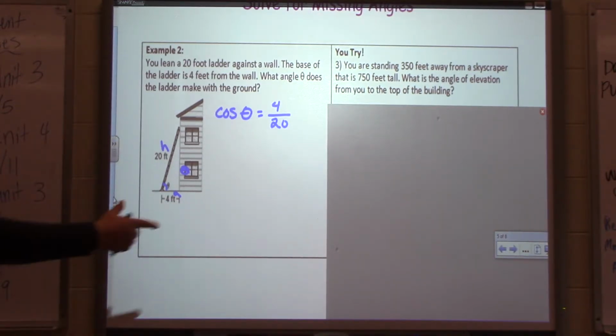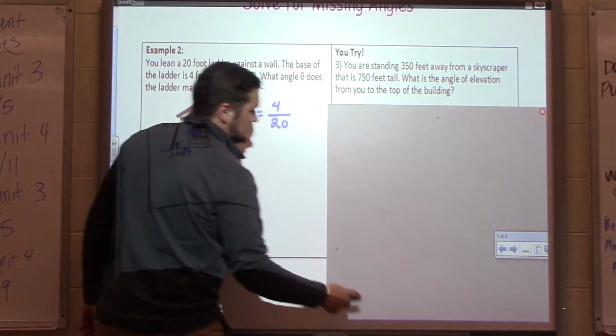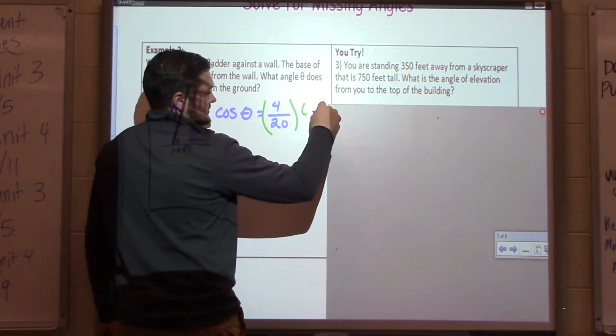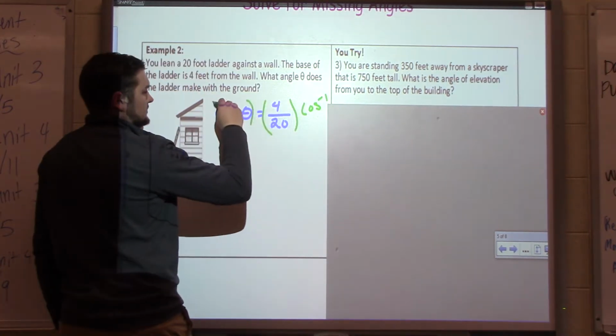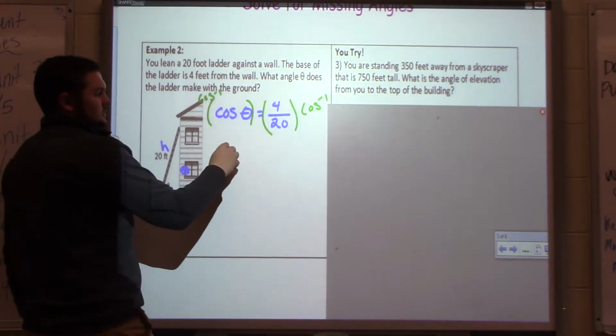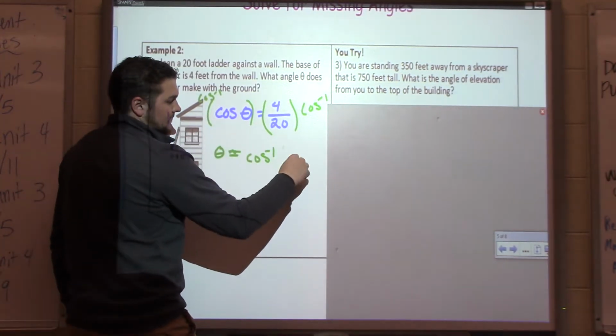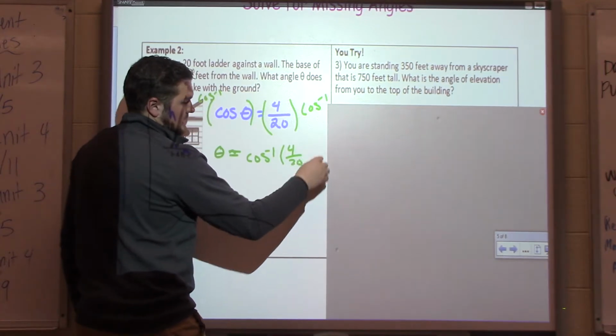And I need to take the inverse cosine of both sides so I can solve for theta.